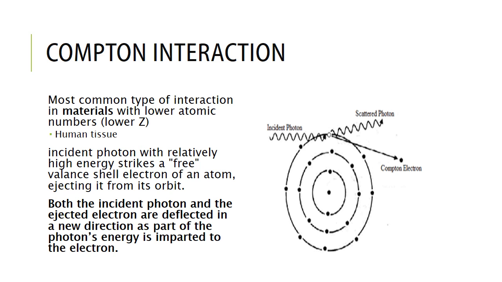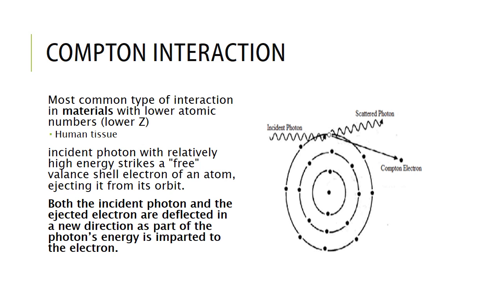Okay, so an incident photon with a really high energy is going to free a valence shell electron, valence being the outer shell electron of an atom, and knock it out of its orbit. Both the incident photon and the ejected electron are going to be deflected in a new direction as part of the photon's energy is imparted into the electron.